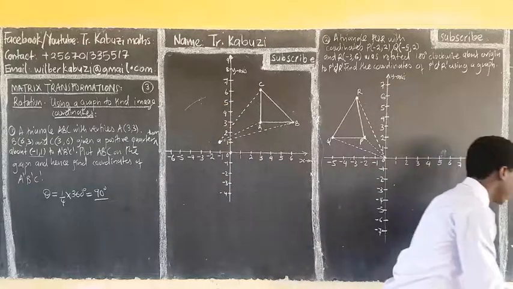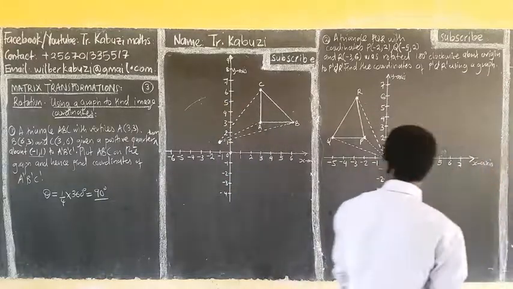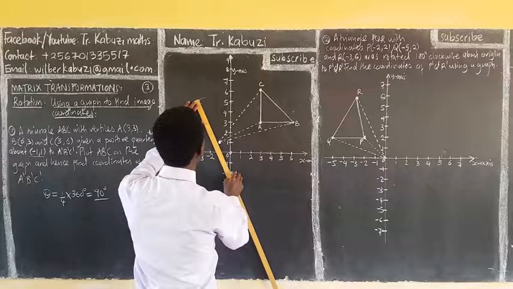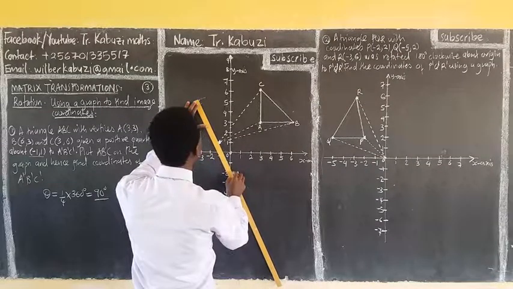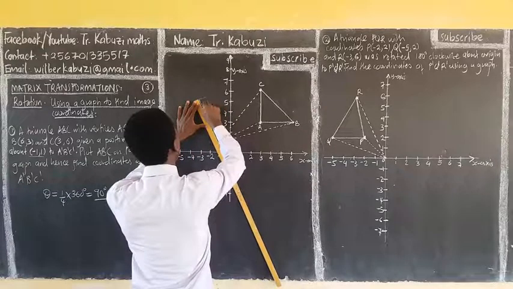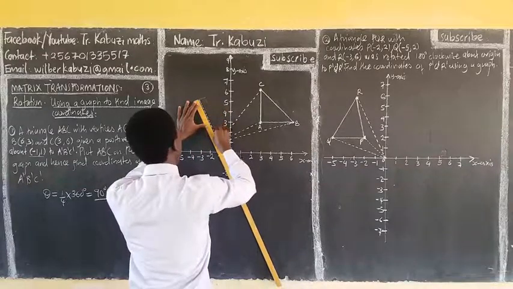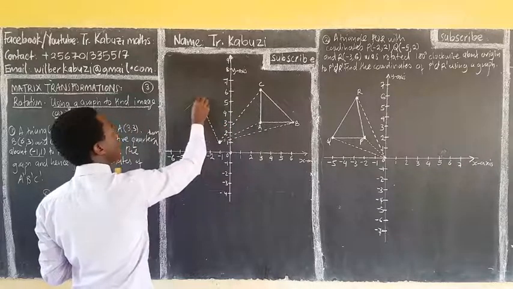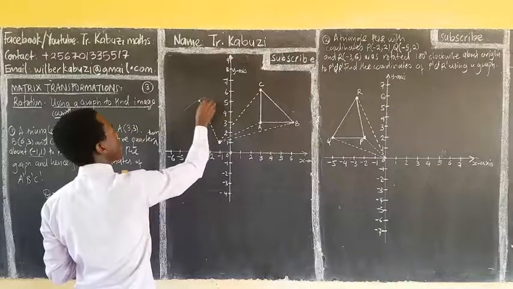Then you join to this one using dotted lines, of course. So this one is now my A prime.